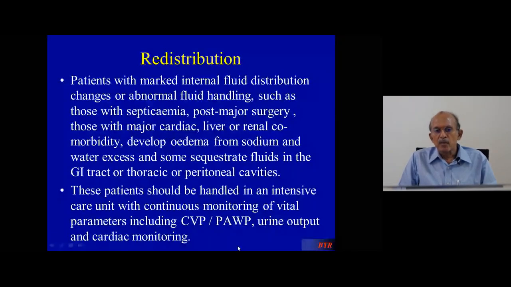That is why they need special intensive care management wherein you administer CVP or PAWP and then you monitor the organ perfusion and then you manage. So this is not for an undergraduate, but you should know that patients with cardiac, liver or renal morbidity should be handled in intensive care units.